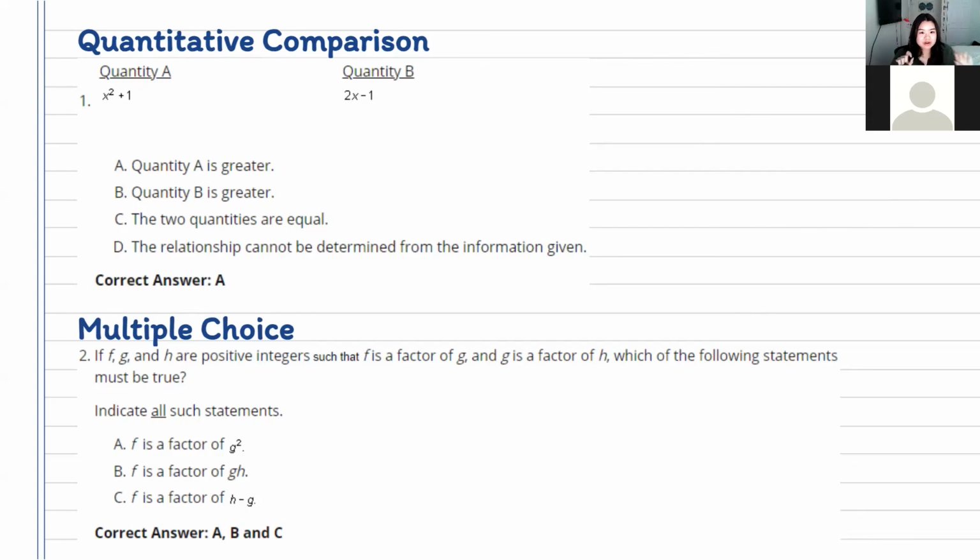And then the quantities, sometimes it's simple algebra like this. Sometimes it's like a probability thing. Sometimes there's even a geometry thing. So it just depends. And then for multiple choice, it's also sometimes multiple answers instead of one. So you guys can kind of see what types of problems you might see on the GRE based on this.